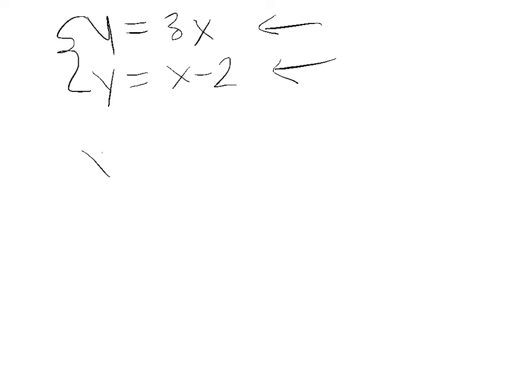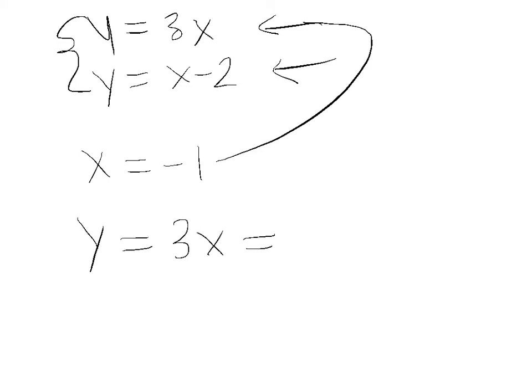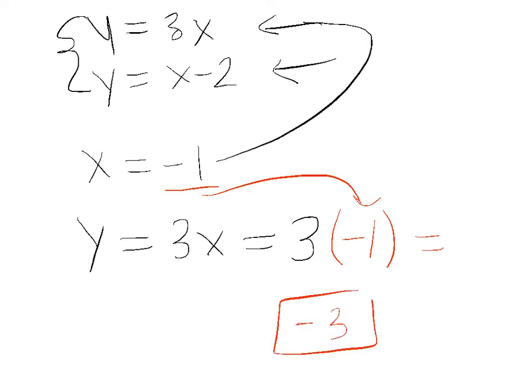We found that x equaled negative 1. We'll do the top equation. So y equals 3x, or 3 times negative 1. I just substituted that in for the x, and that equals negative 3. So y is negative 3, and remember, it has to be in an ordered pair.